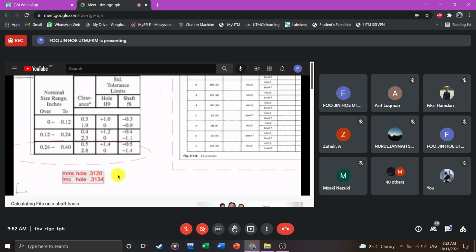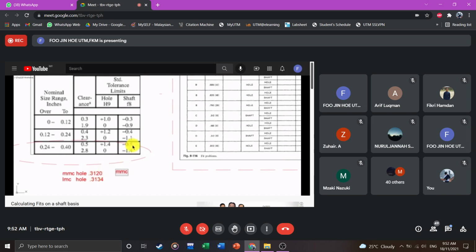Now I go over here to the other side, and now we're looking at the shaft sizes. Now here I'm going to go max material condition size of the shaft is going to be the nominal size minus a half a thou. So we're going to take the nominal size, whatever we start with. And in this case, the nominal size is 312.